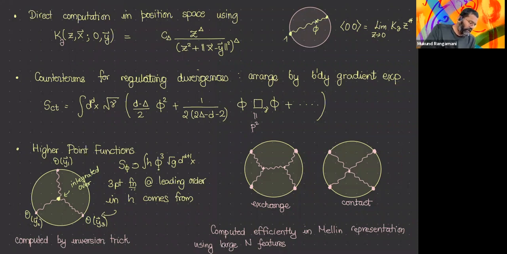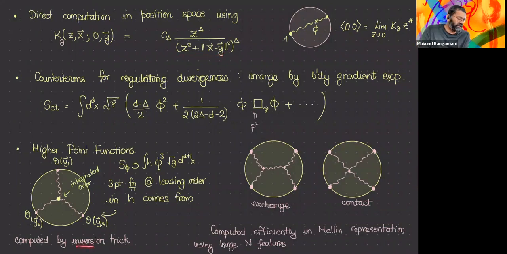The integral was first computed by the MIT group using a very clever trick. One knows the structure of a 3-point function of conformal primaries is given by a product of power laws. And they use the conformal inversion trick. They use the fact that these functions, these propagators, have nice transformation properties under conformal symmetry.